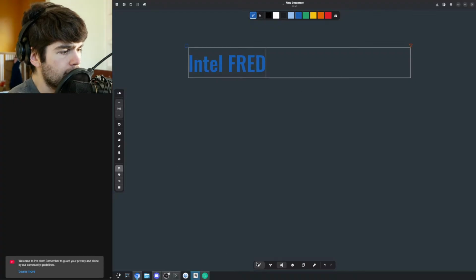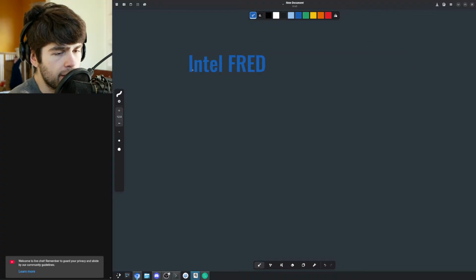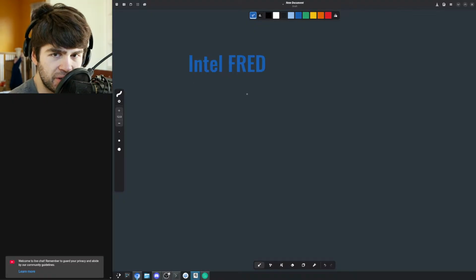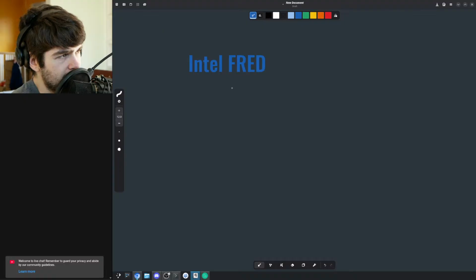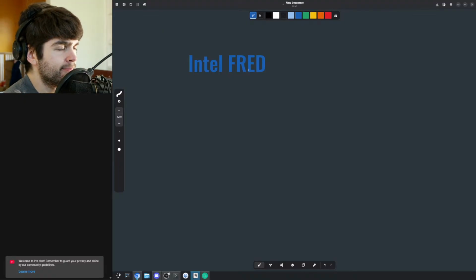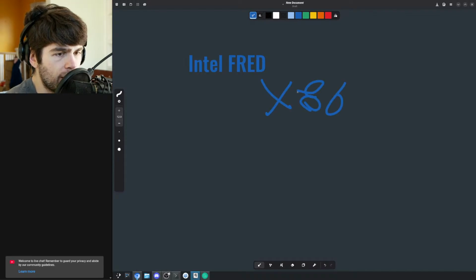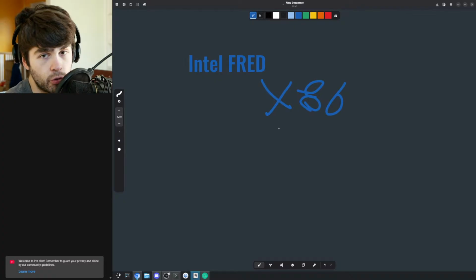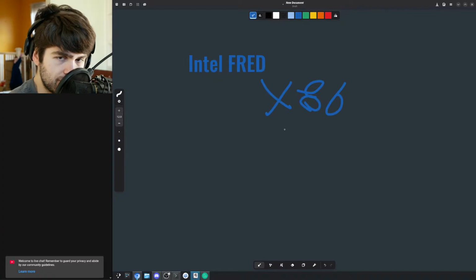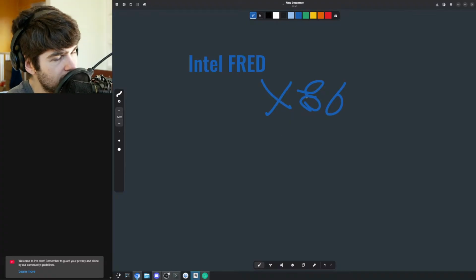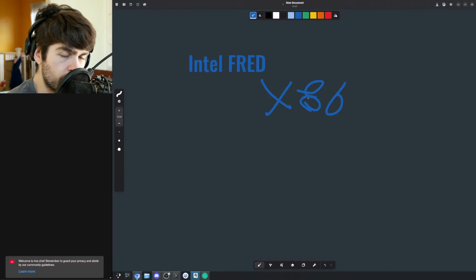So what is Intel FRED? So Intel FRED, from my like 1 hour of research, is a couple of things. There is a problem with x86, where whenever you want to switch from user mode to kernel mode, or we commonly call ring 0 to ring 3, or the other way around.